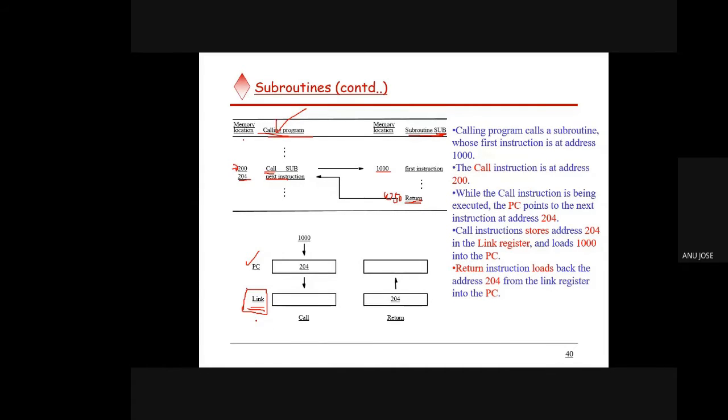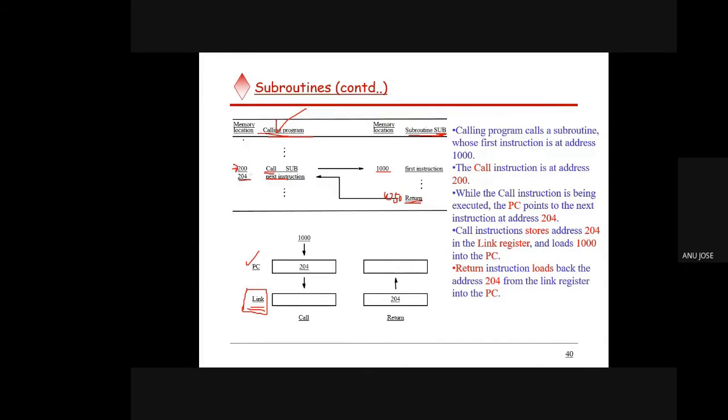Mainly two operations are involved: calling the subroutine and returning from the subroutine. Those are the two operations performed in the total subroutine process. So let's see what happens in the call procedure. Call means the program counter is executing the 200 memory location.